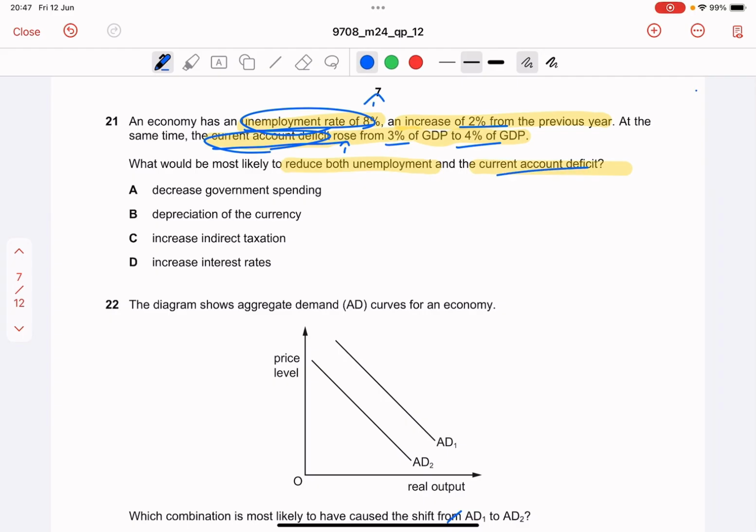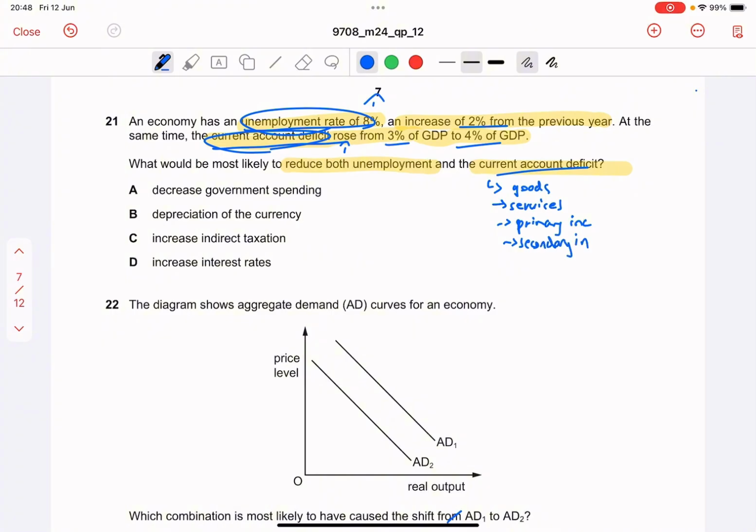But okay, what is the current account, right? First of all, the current account essentially is the record of a nation's transactions with the rest of the world over a defined period. The components of the current account include trade in goods, trade in services, and also the primary income and the secondary income.